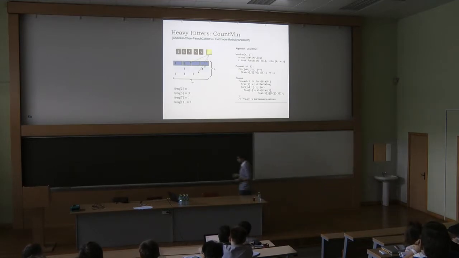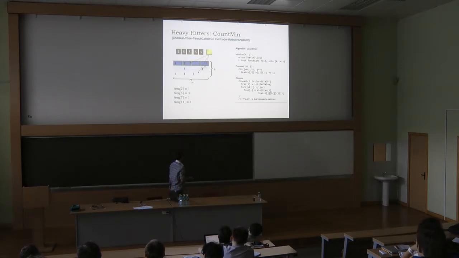Think of L as being small, something like log n, and W is the S that I mentioned in the previous slide. Basically, the heavy hitter elements are those for which the approximate frequency of i is bigger than the total frequency divided by W.